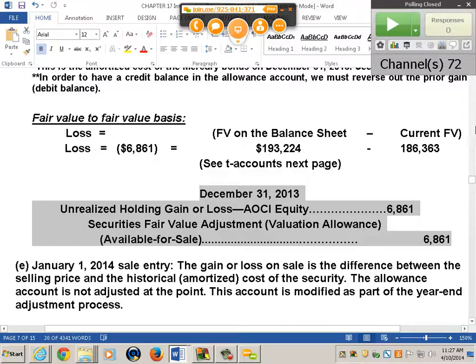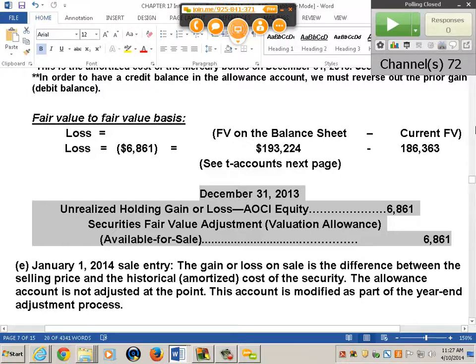So I'm saying here that I need, let me just highlight that, I need to come up with the loss of 6,861, no matter how you look at it. So on my balance sheet right now, before I do anything else, I've got amortized cost at 189,849.